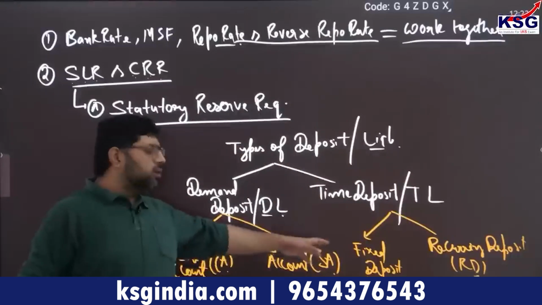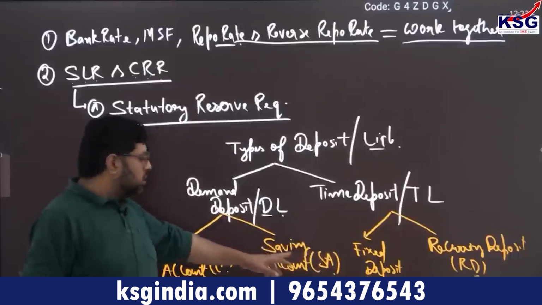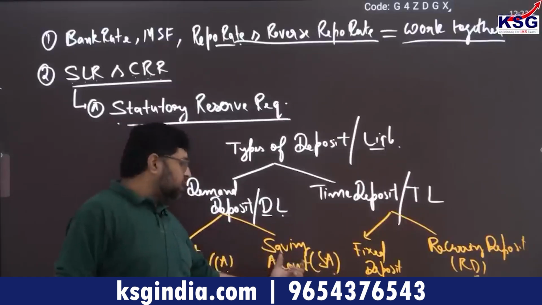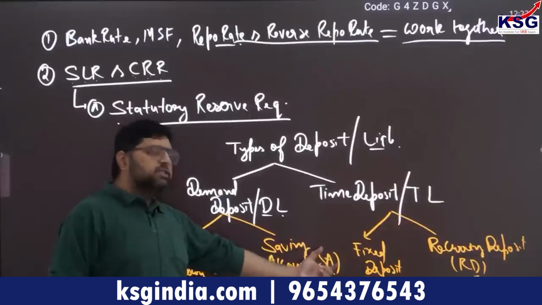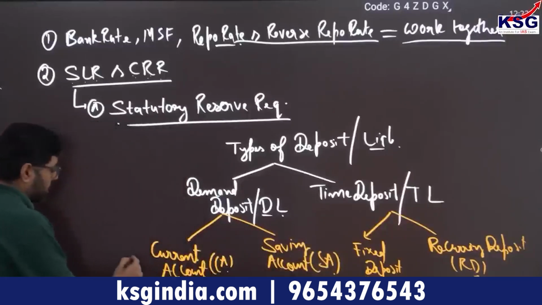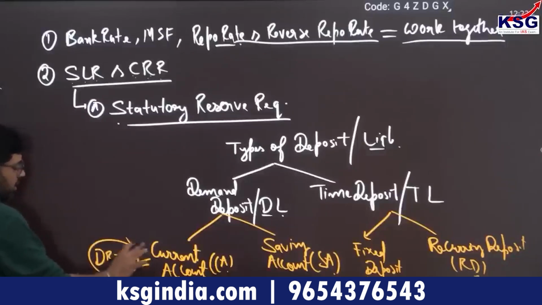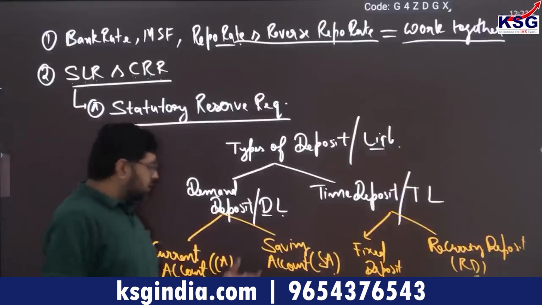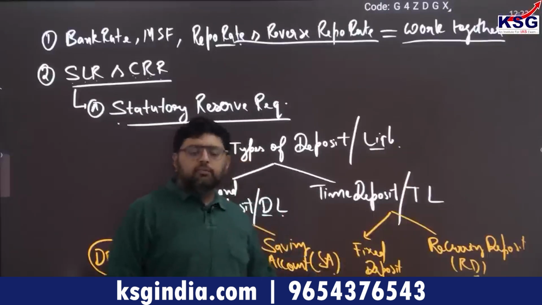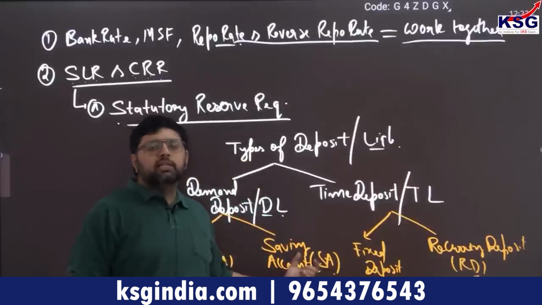Then you can put it under fixed deposit. When you compare the deposit rate with a saving account, in fixed deposit you will get a higher deposit rate. In a current account there is zero deposit rate, in a saving account there is a deposit rate. Clear? In fixed deposit you will get more than the saving account.